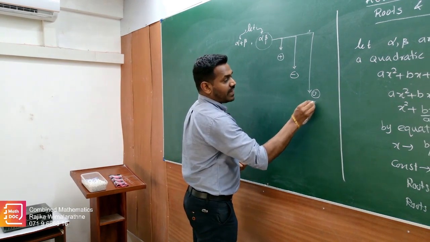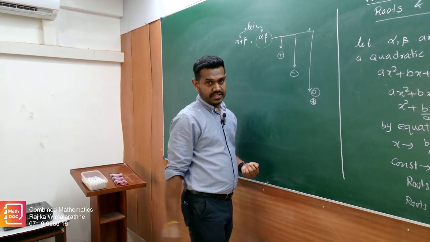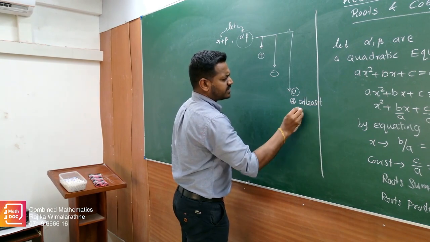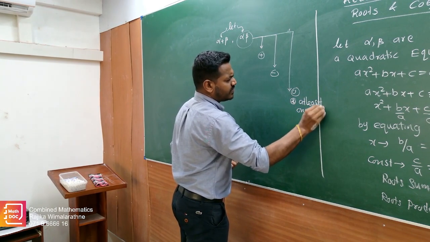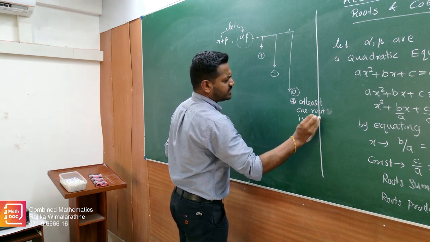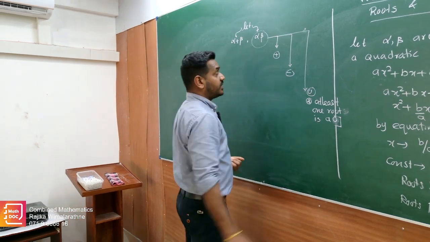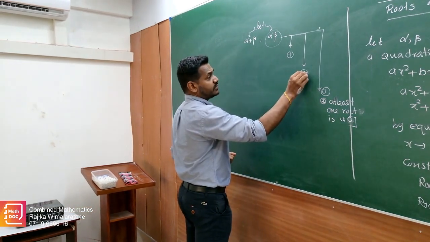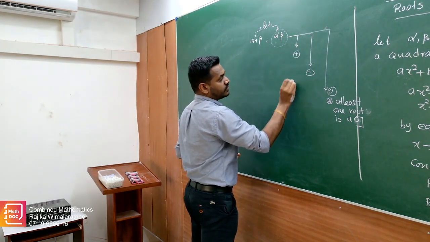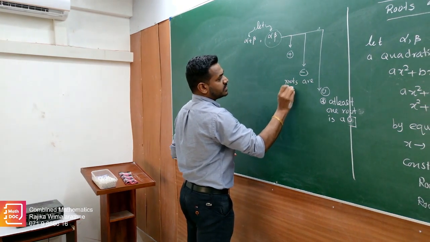If alpha beta is 0, that means at least one root is 0. When alpha beta is negative, then one is positive and the other is negative. Then we say roots are opposite in signs.